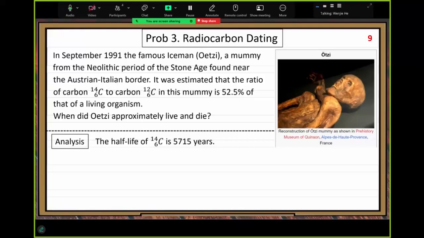So we assume that number is available. It's known. Before we try to solve that problem, that number is available.